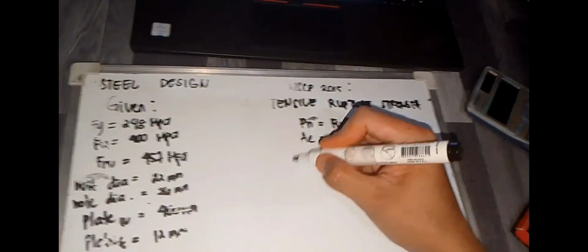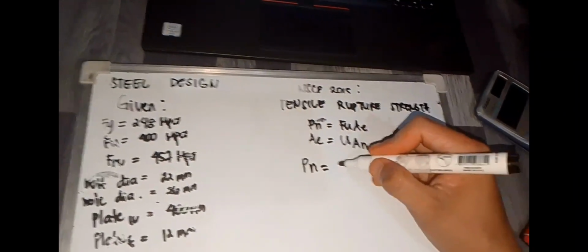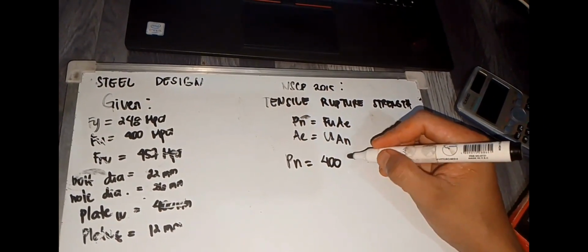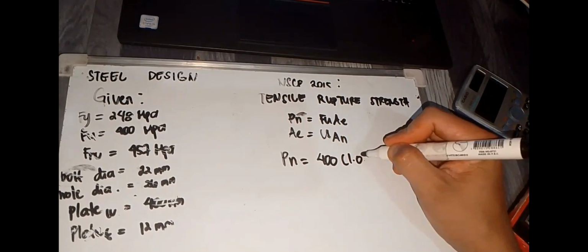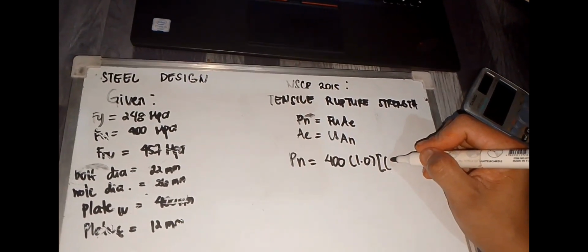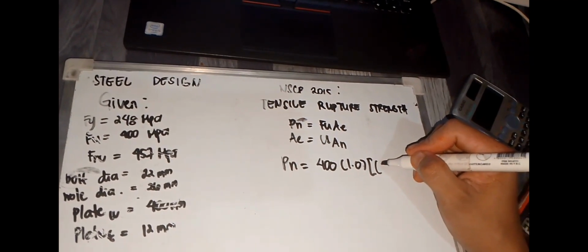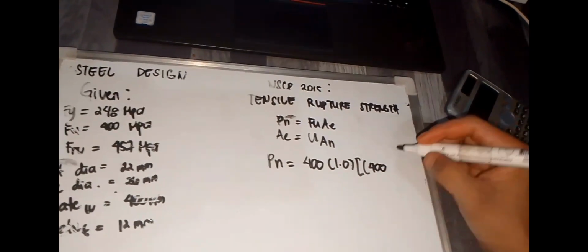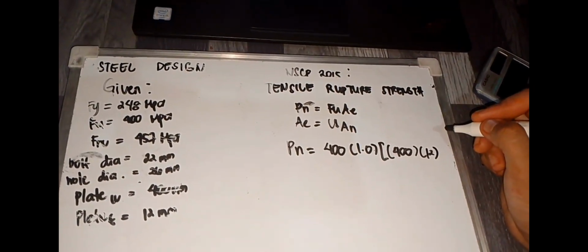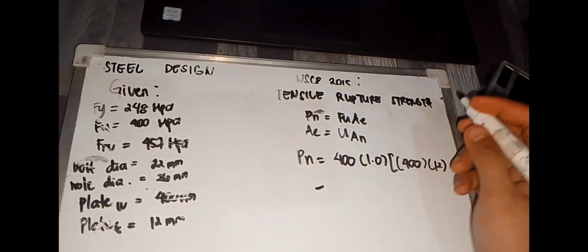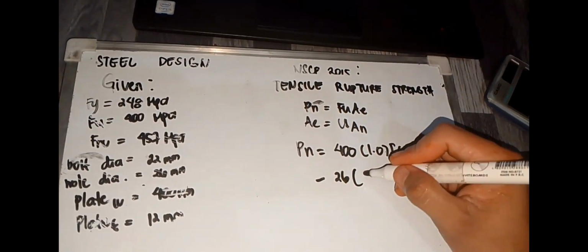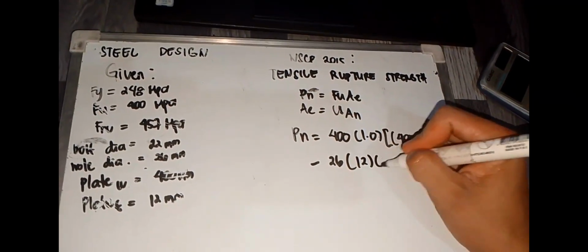So the Fu, which is 400, substitute. So U is 1.0 multiplied by the width of the plate, which is 400, times the 12, which is the thickness of the plate, minus the hole diameter, which is 26 mm, times the thickness of the plate, which is 12, times 2.